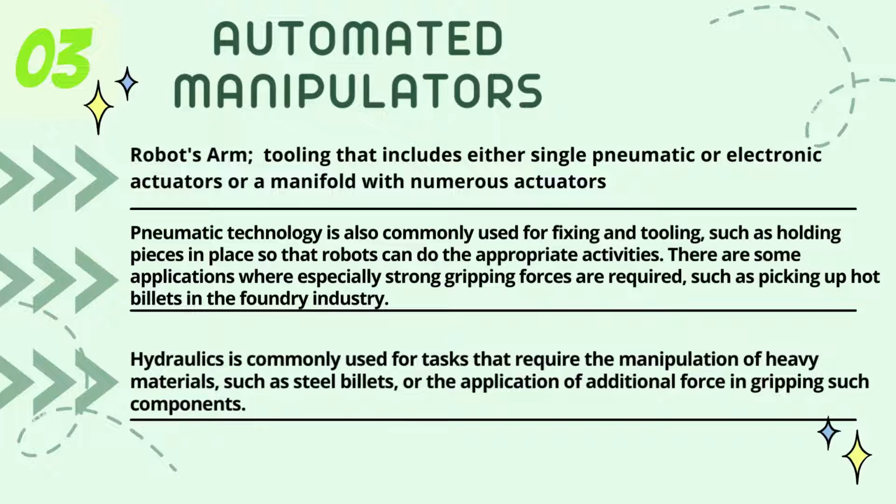There are some applications where especially strong gripping forces are required, such as picking up hot billets in the foundry industry. Hydraulics is commonly used for tasks that require the manipulation of heavy materials such as steel billets or the application of additional force in gripping such as components.